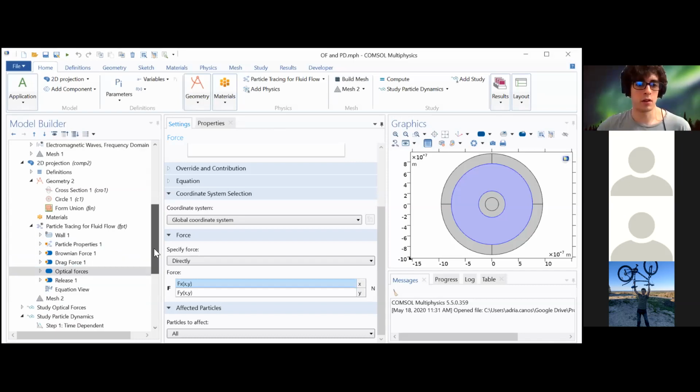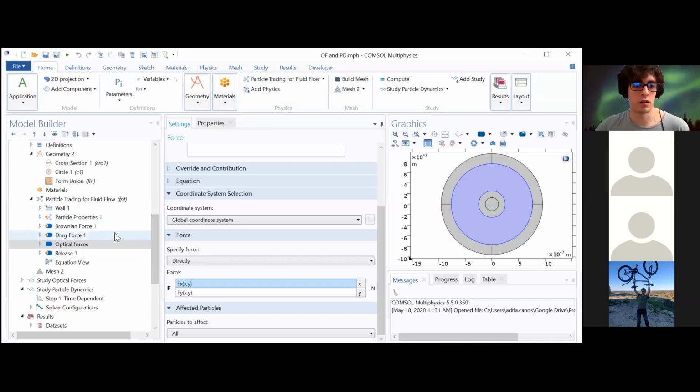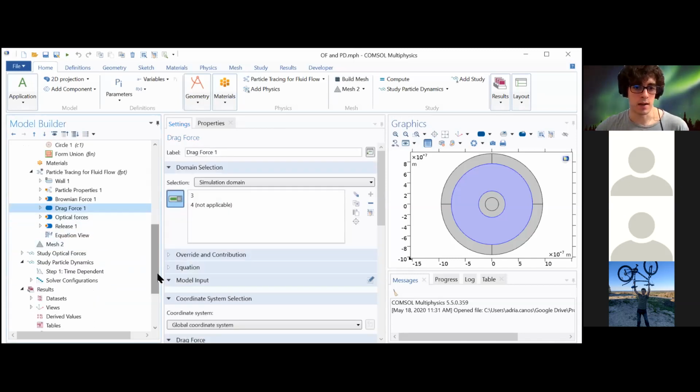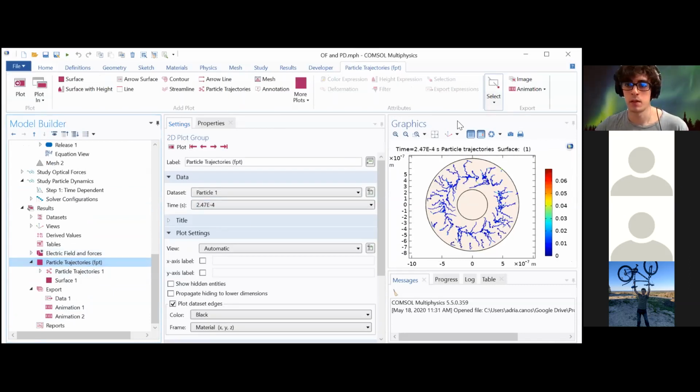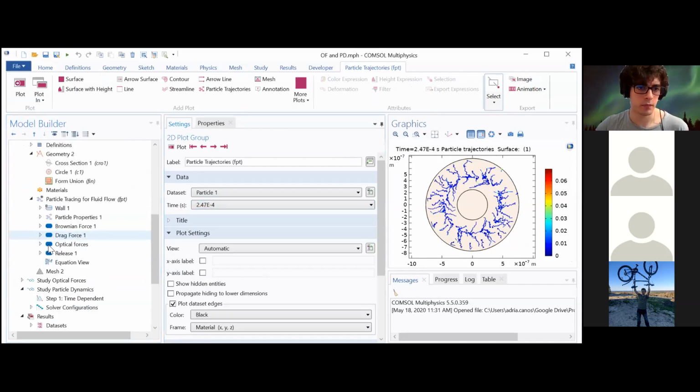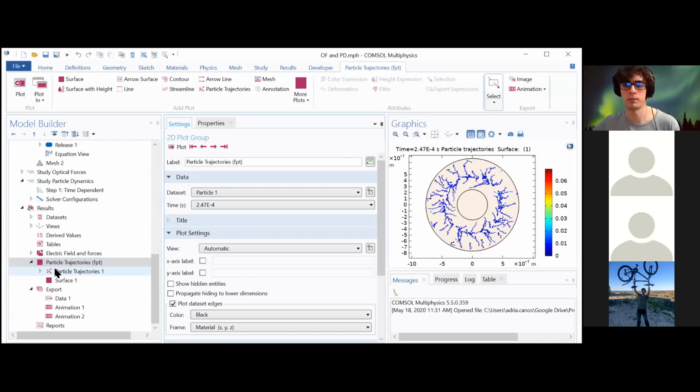So this is basically the same model. There is no big difference. And these are the results for this model. Okay. So in this case, we clearly observe the behavior over time.